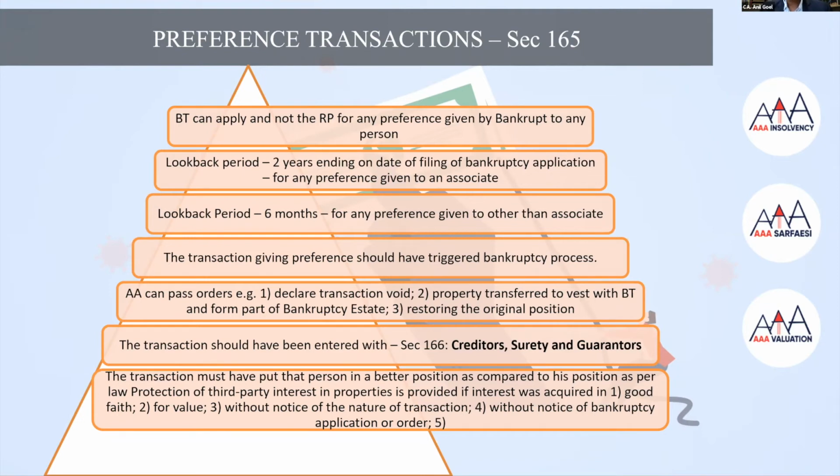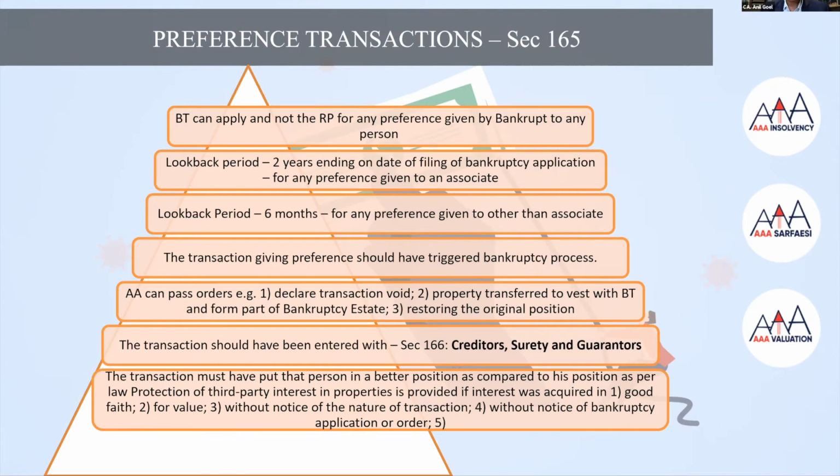So this is a condition in section 43 also. Same condition, that the transaction must have been entered with creditors, surety, or guarantors. Then the transaction must have put that person in a better position as compared to his position as per law.